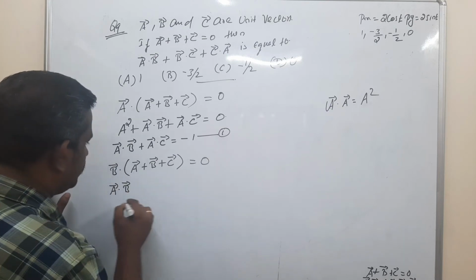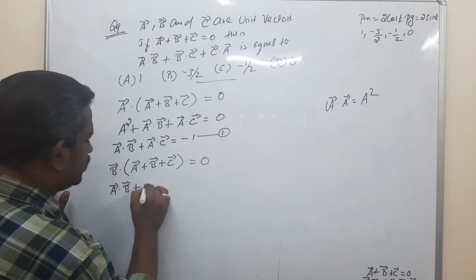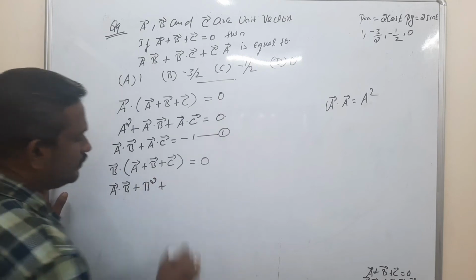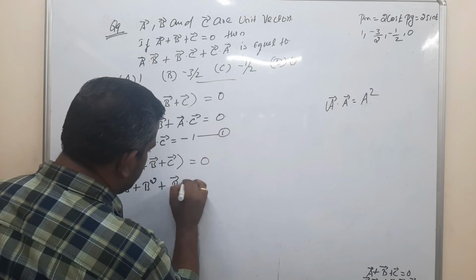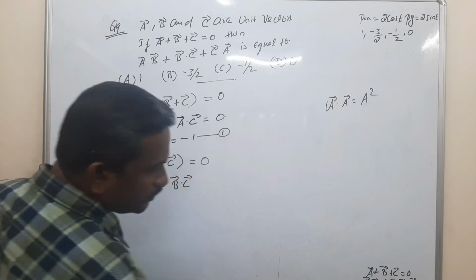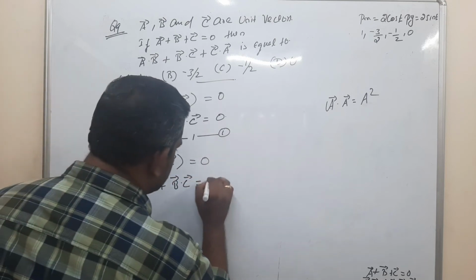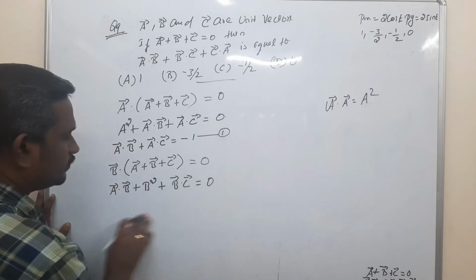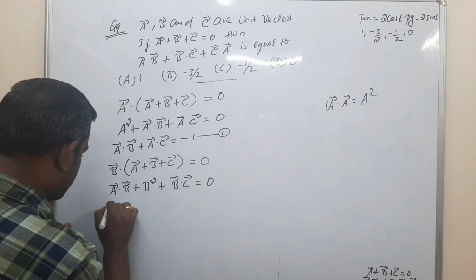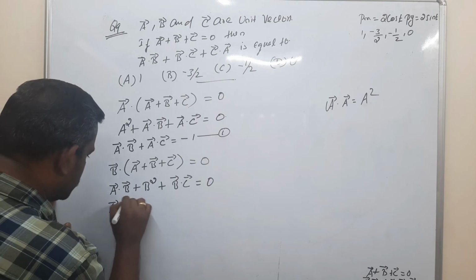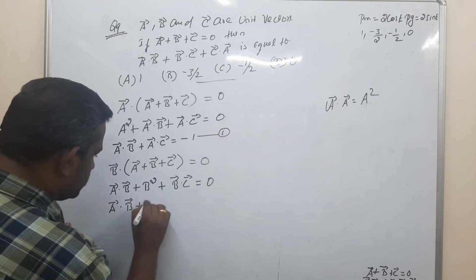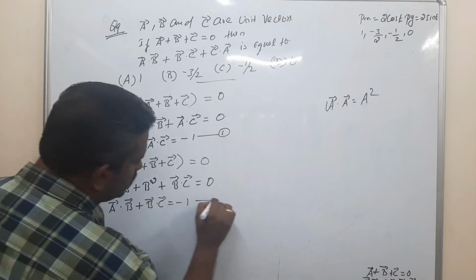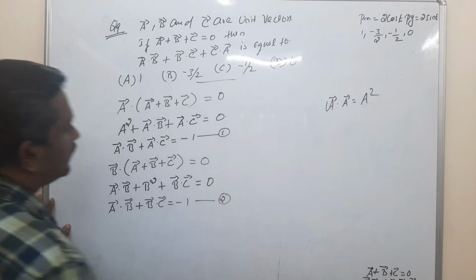So A vector dot B vector plus B vector dot B vector, B square, plus B vector dot C vector is equal to 0. B square is 1, so 1 comes to that side, minus 1. So A vector dot B vector plus B vector dot C vector is equal to minus 1. Take it as equation number 2.